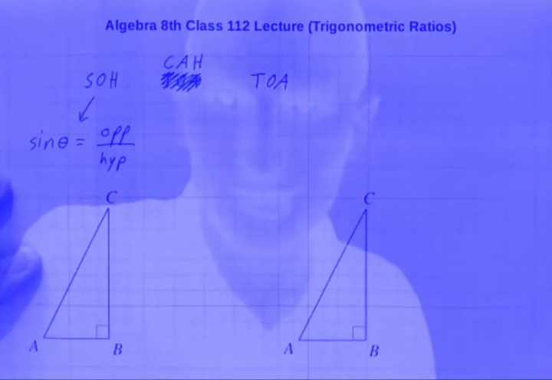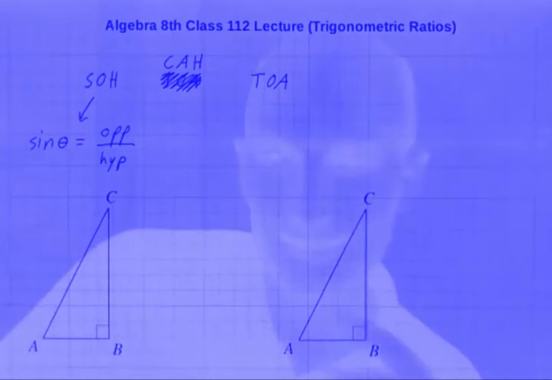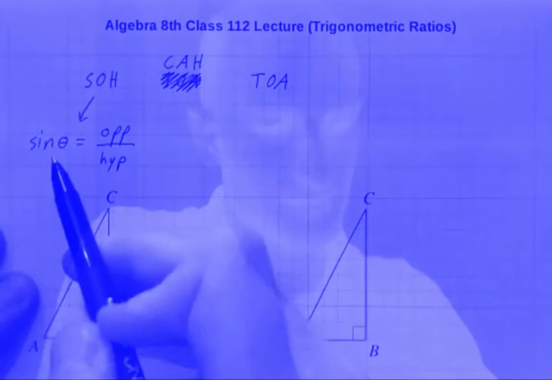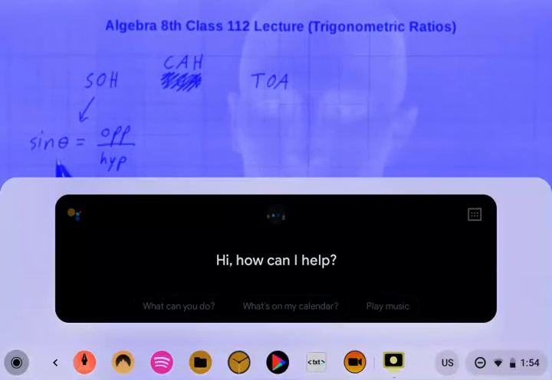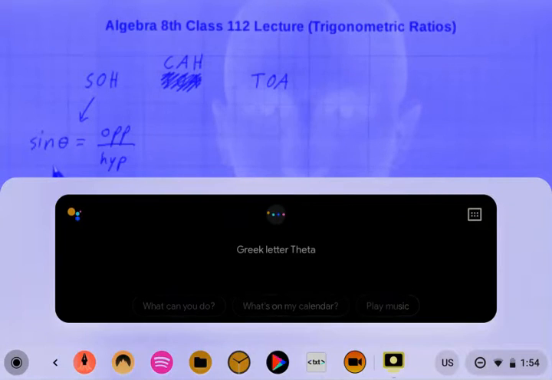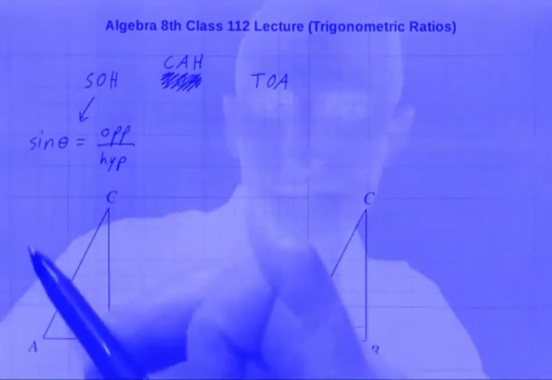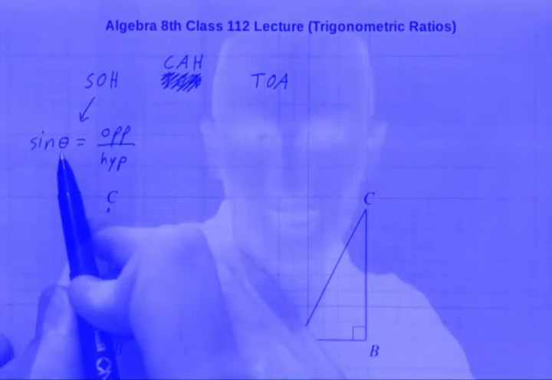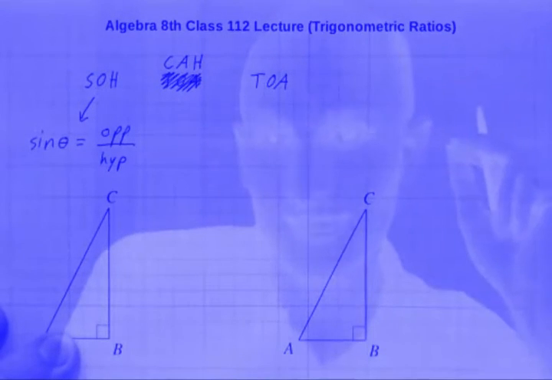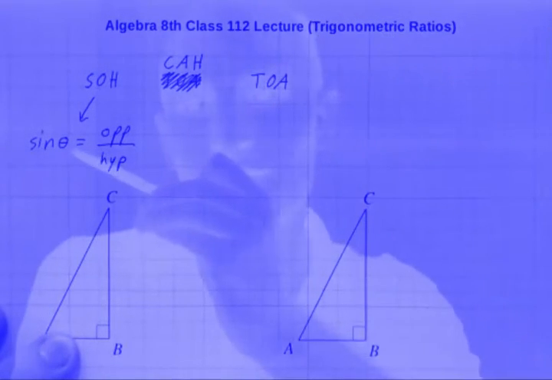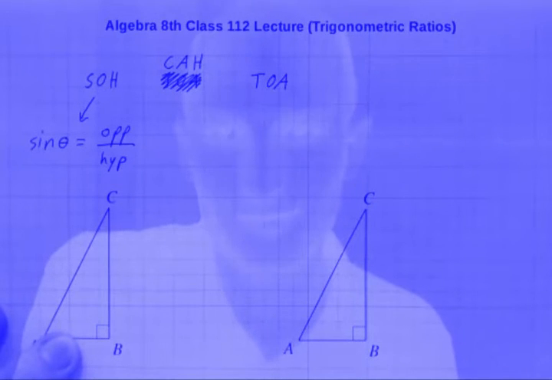Opposite over hypotenuse. Okay. Theta is a Greek letter. Greek letter theta. According to Wikipedia, theta is the 8th. Okay. And this symbol represents an angle. I'll say it again. That symbol, theta, represents an angle.